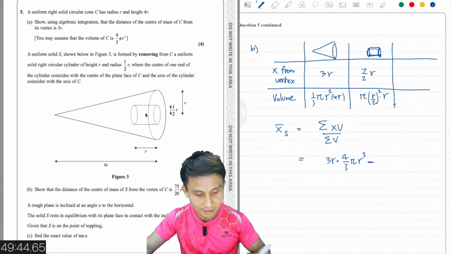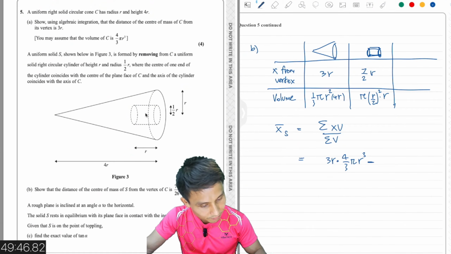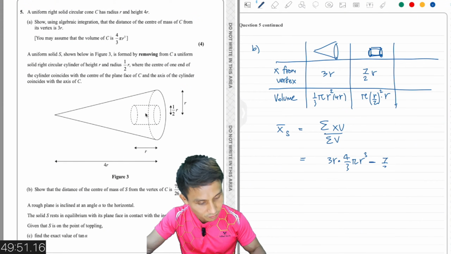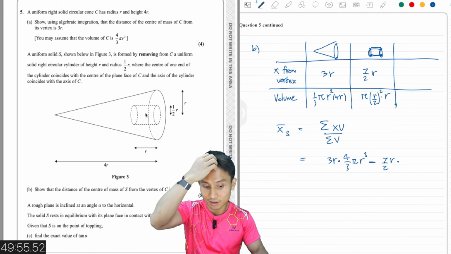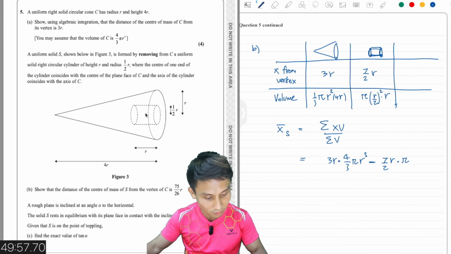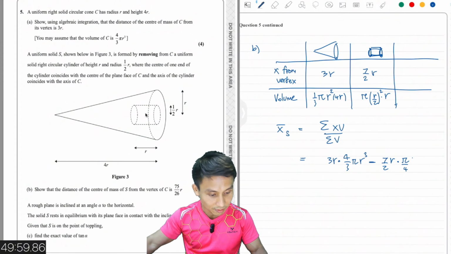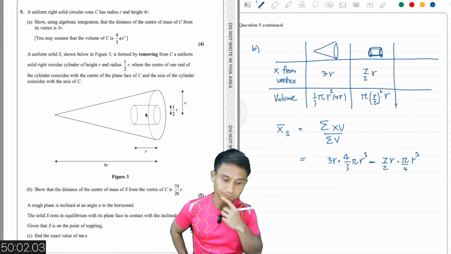Minus, right? Because it's a subtraction there. Then minus what? 7 over 2r times r squared over 4, so pi over 4 times r cubed, right?